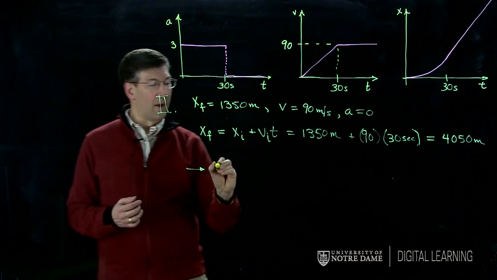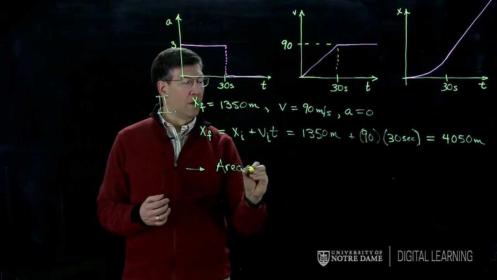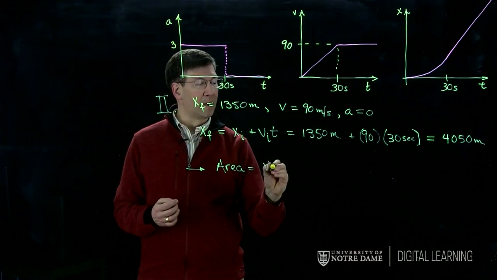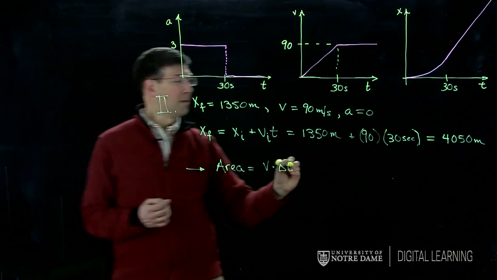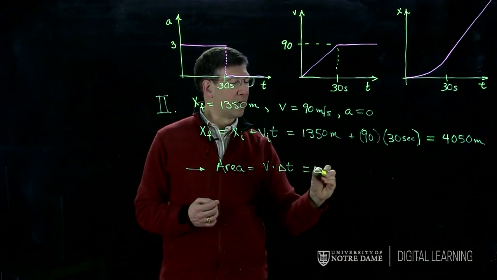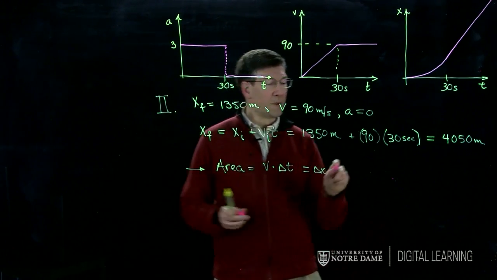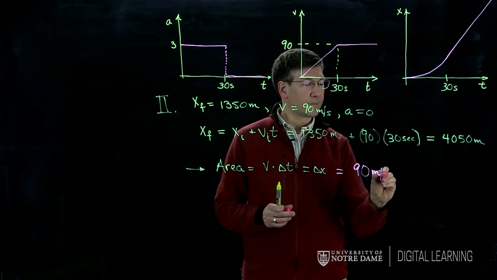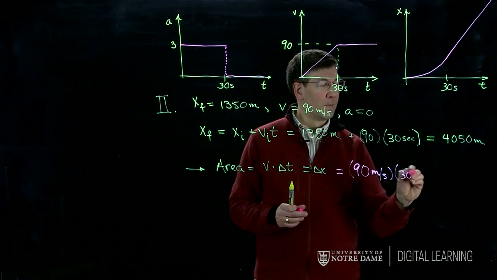And so the area of that rectangle is equal to the velocity that we had during this epoch times the amount of time that I've traveled. And so again, this is going to tell me how far I've gone during that time. So we can write this out. This is equal to 90 meters per second times 30 seconds.